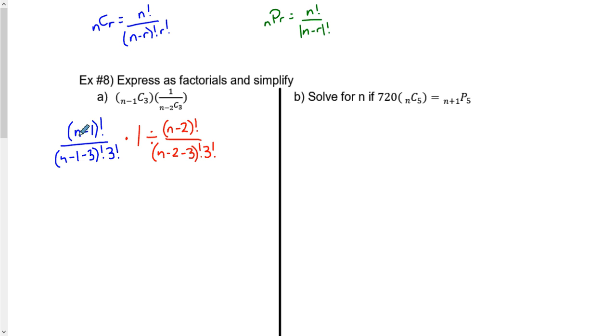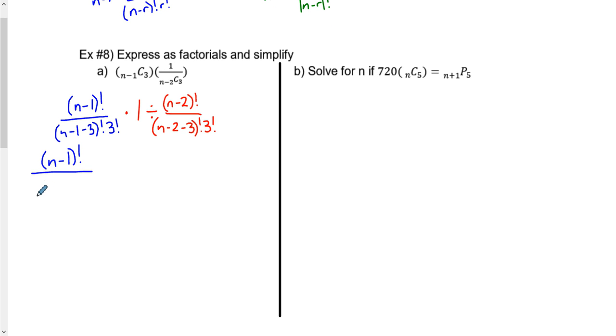So first things first, n subtract 1, there's nothing to simplify. So I'm just going to have it as n subtract 1 factorial. I'm going to try and take this one as slow as I possibly can, at the same time, try and keep in mind about time. And then we have n subtract 4 factorial, 3 factorial.